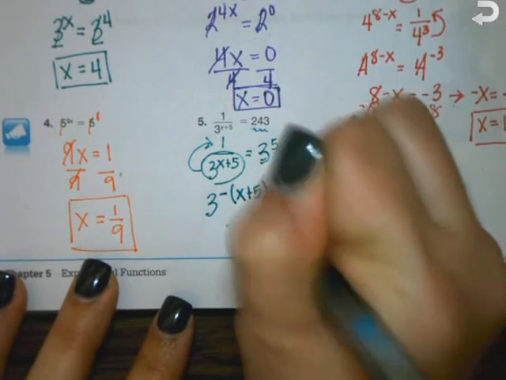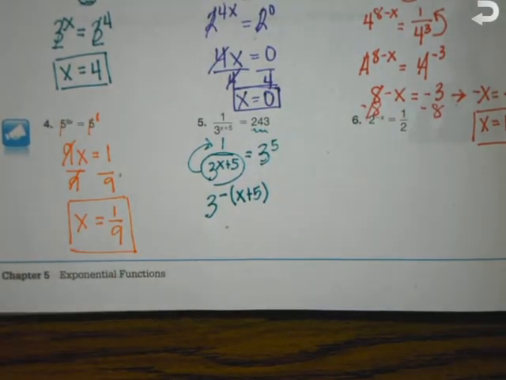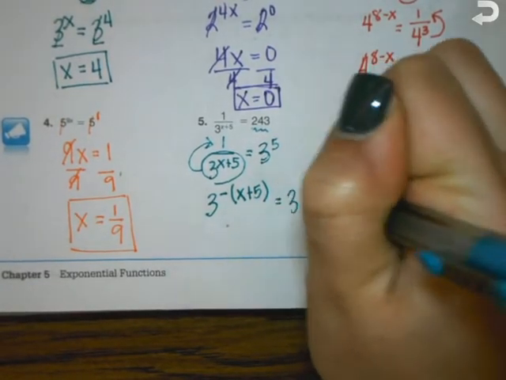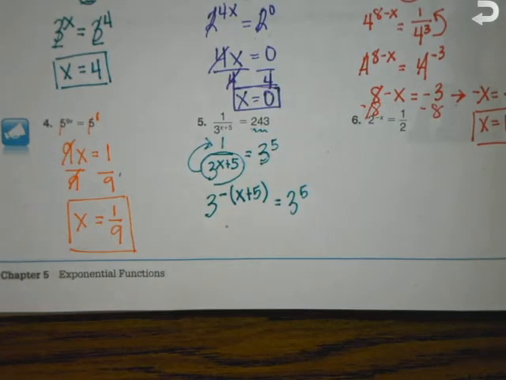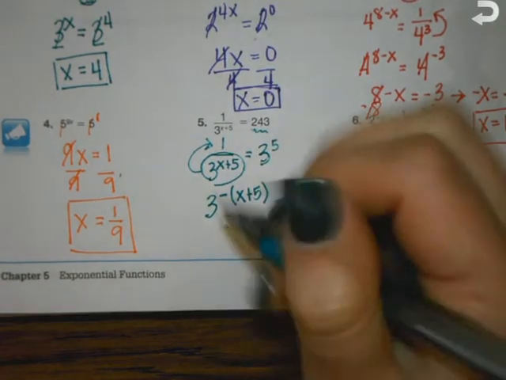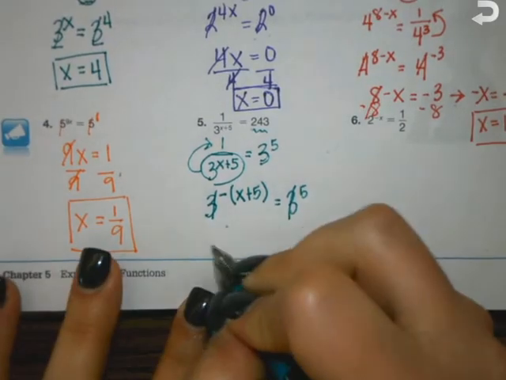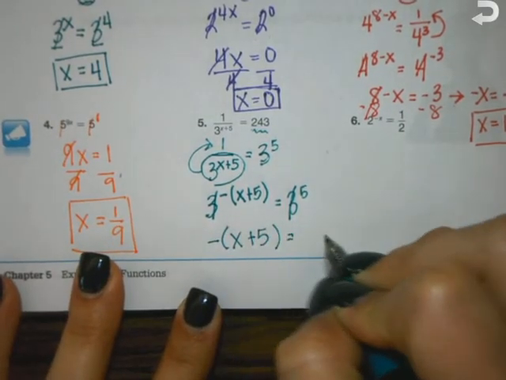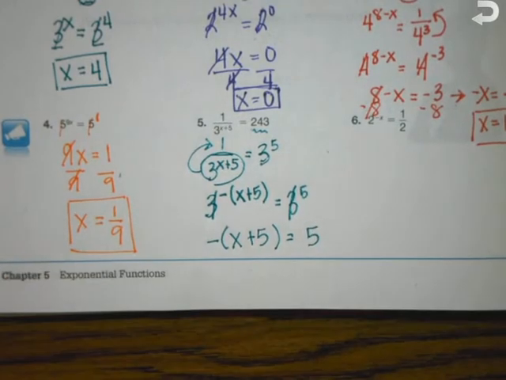Because it's the whole exponent that's becoming negative, not just the x. So put it in parentheses for now. Equals 3 to the 5th. Guys, what would my next step be? Drop the bases. So we would be left with negative x plus 5 equals 5, and I want you to finish solving that one.